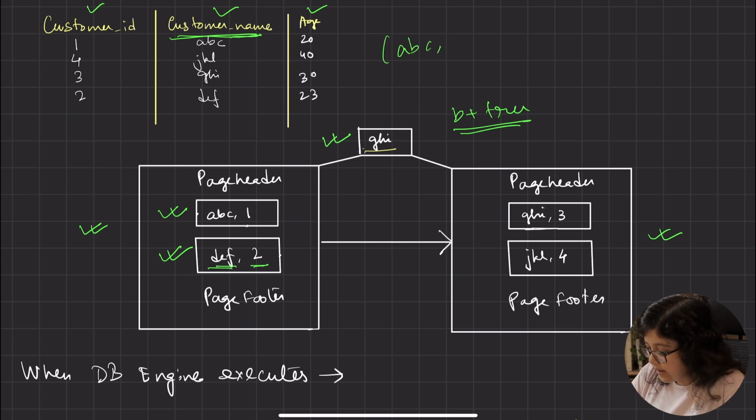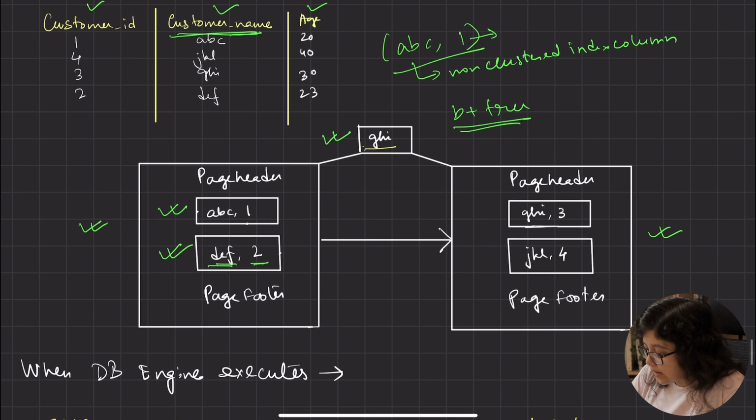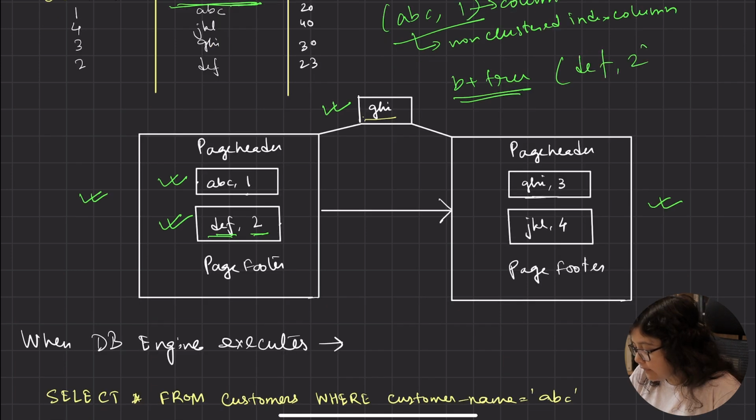Here we can see ABC and 1, where ABC is the value of the non-clustered index column and 1 is the value of the column which is used as the clustered index of the table. Similarly, we have DEF, 2, where DEF is the value of the non-clustered index column and 2 is the value of the clustered index column.